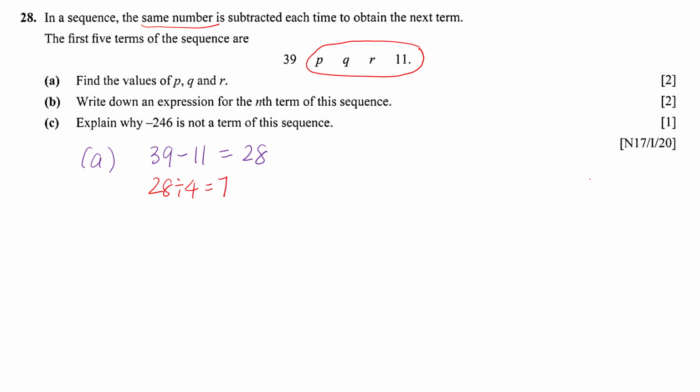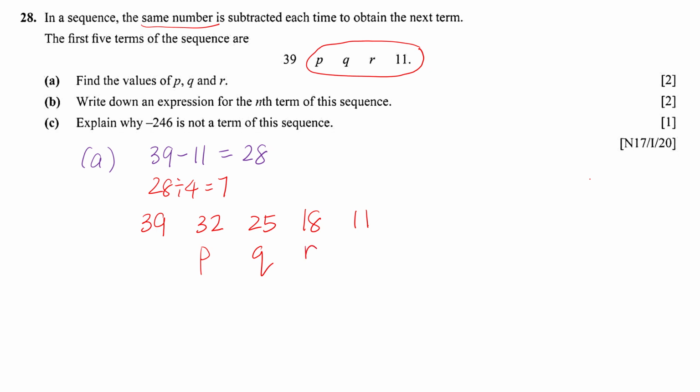So in other words, 39 minus away 7 will give you P, and 32 minus 7, 25, 25 minus 7, 18, 18 minus 7 gives you 11. So this will be your P, Q, R.